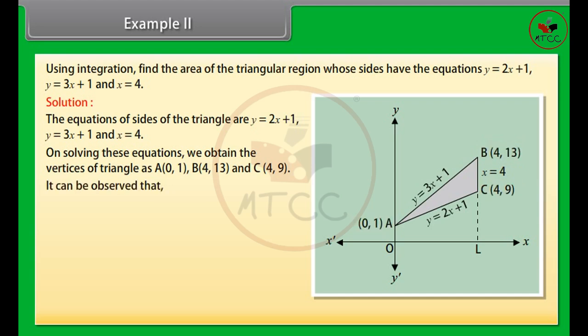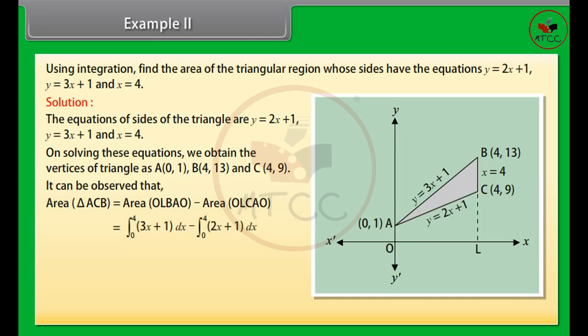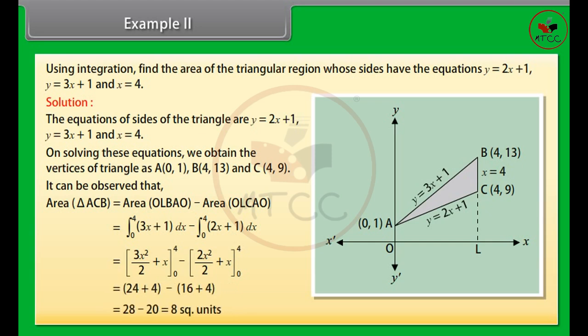It can be observed that area of triangle ACB equals area of OLBAO minus area of OLCAO, which is the integral from 0 to 4 of 3x + 1 with respect to x minus the integral from 0 to 4 of 2x + 1 with respect to x. By solving, we get area of triangle ACB equals 8 square units.